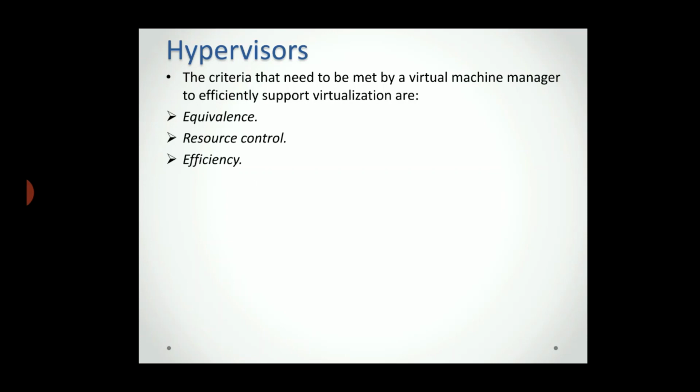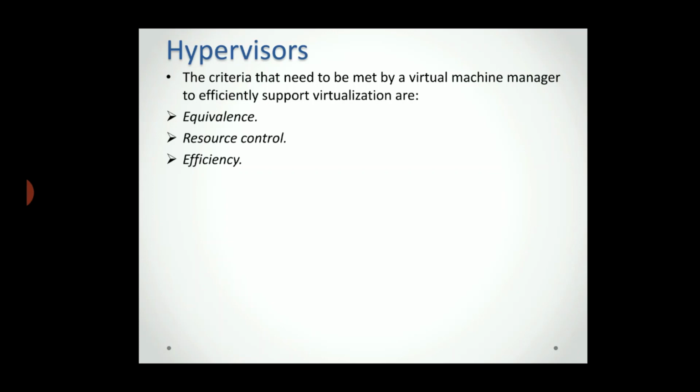The criteria that need to be met by the virtual machine manager to efficiently support virtualization are equivalence, resource control, and efficiency. In equivalence, a guest running under the control of a virtual machine manager should exhibit the same behavior as when it is executed directly on the physical host. Under resource control, the virtual machine manager should be in complete control of the virtualized resources.